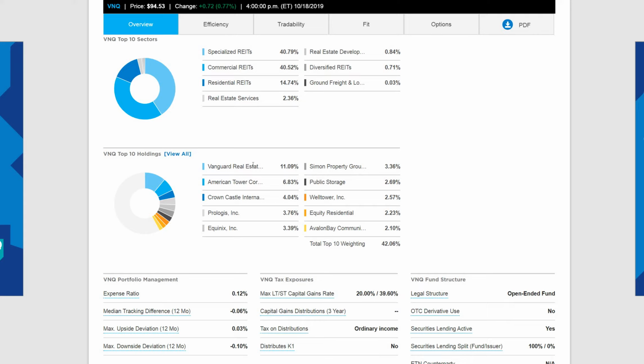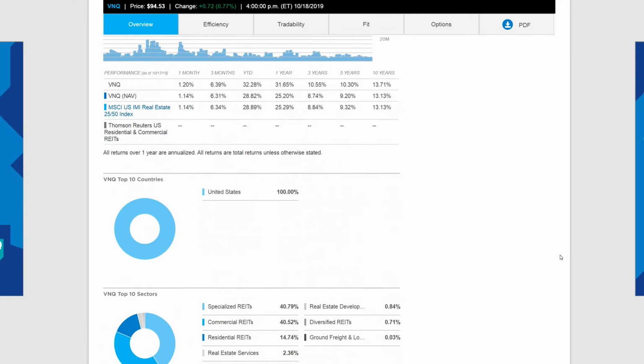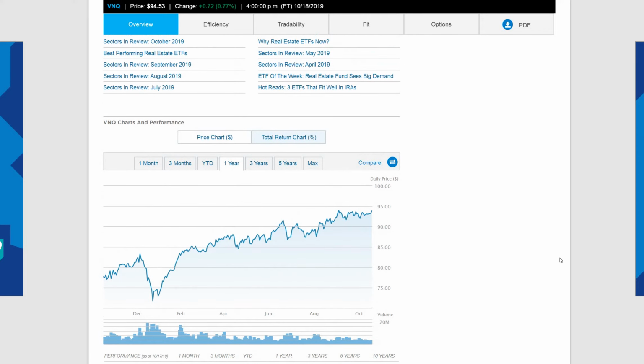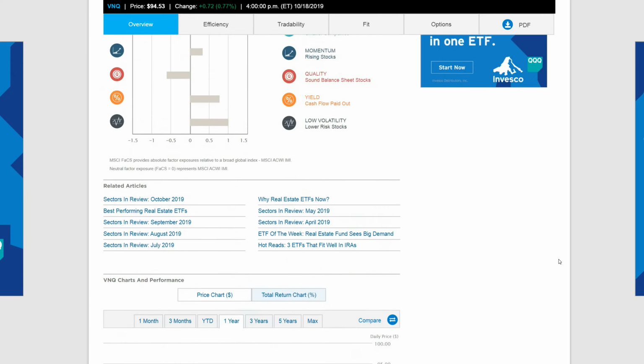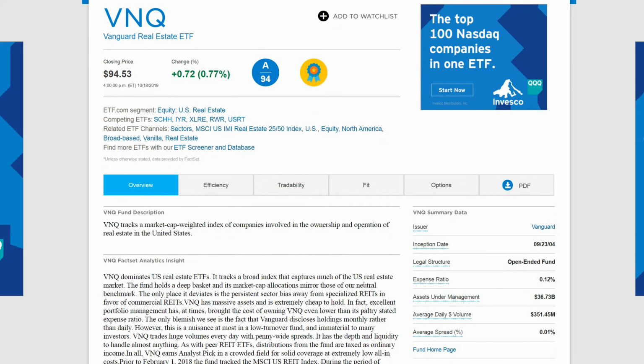If you were to invest into VOO, the Vanguard S&P 500, or VTI, the Vanguard Total Market, you're going to have some overlap, right? And especially when there's only around 200 REITs, there's going to be overlap in these ETFs, and that's why you don't necessarily have to purchase into all of them, although I am invested in all 4 of them that I'm going to go over. You don't have to invest in all 4 to get exposure, right? And you're going to have a little bit of overlap.